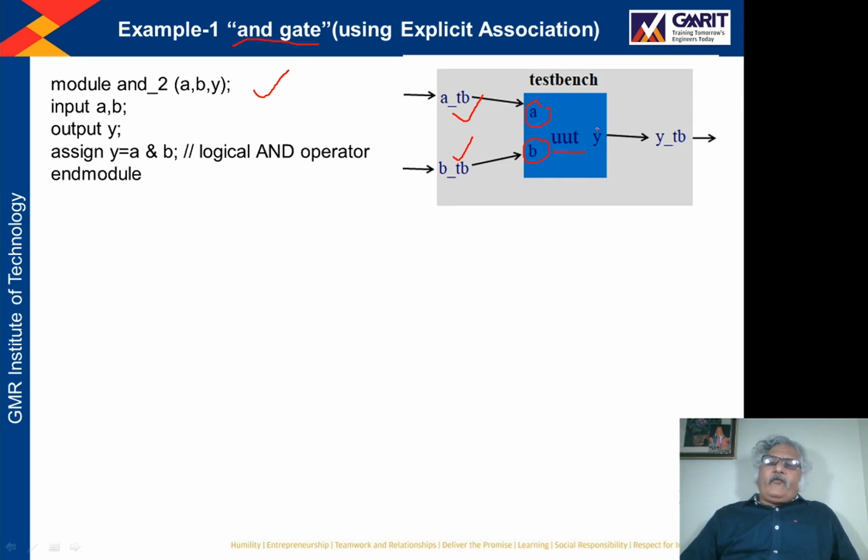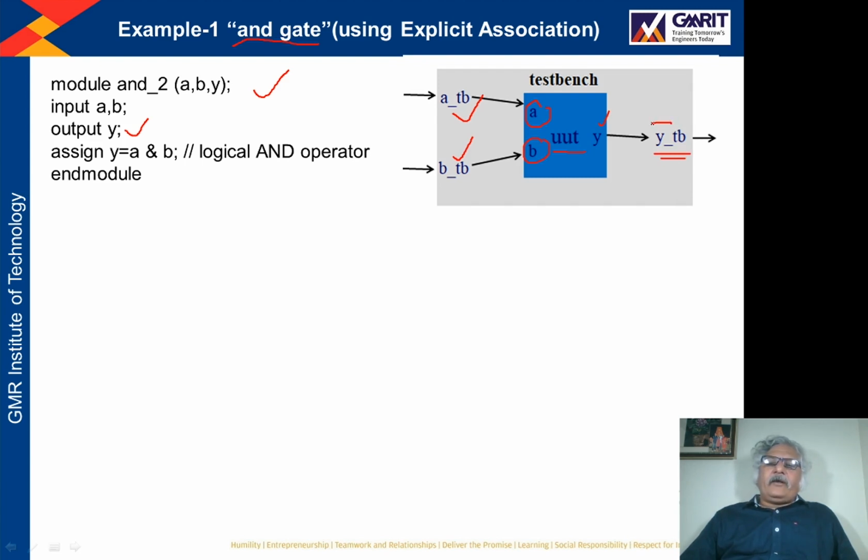Now Y is the output of my and_2 module, which is the unit under test. You can see here this Y is the output. So this Y, which is the output of the unit under test, should also be instantiated with the output pin of the test bench.